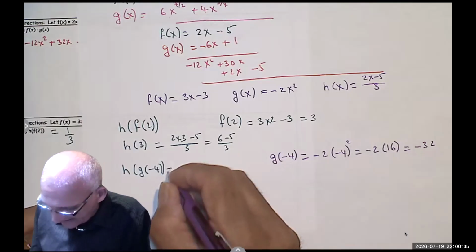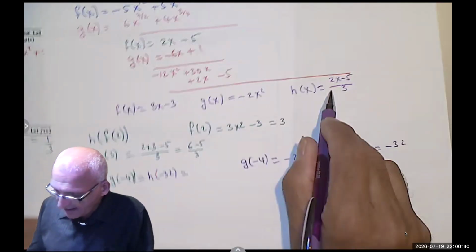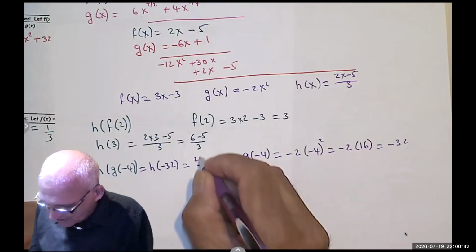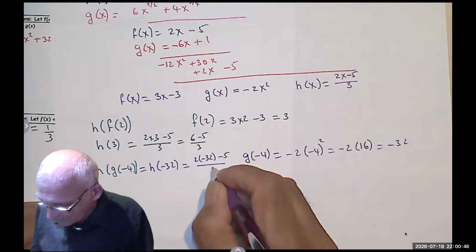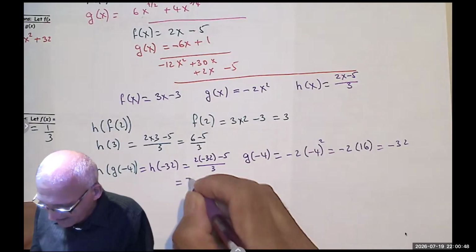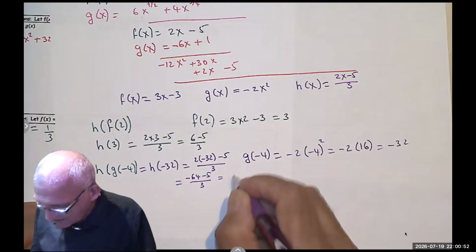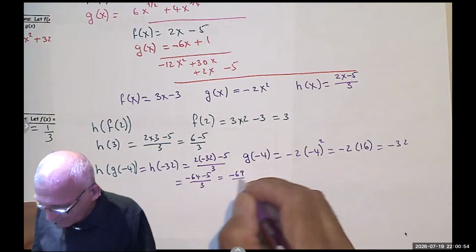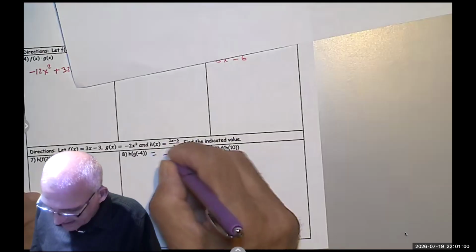Then h of that is h of negative 32. I come here and say 2 times negative 32 minus 5 over 3 equals negative 64 minus 5 over 3 equals negative 69 over 3 equals negative 23. So this part is negative 23.